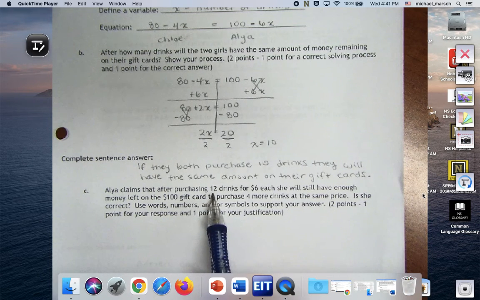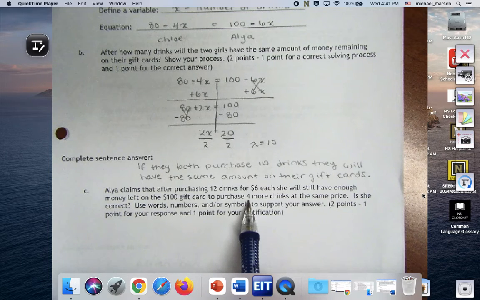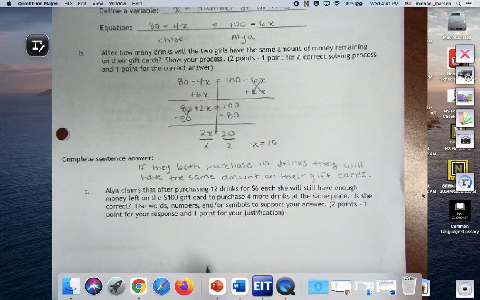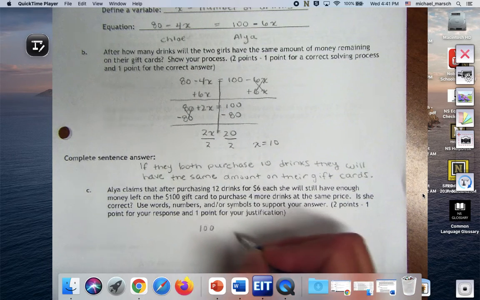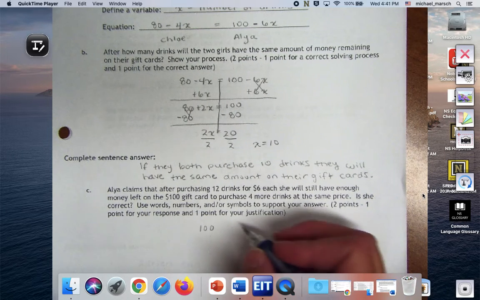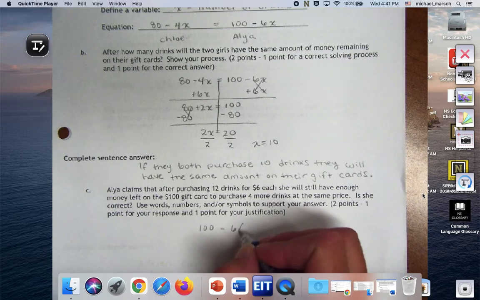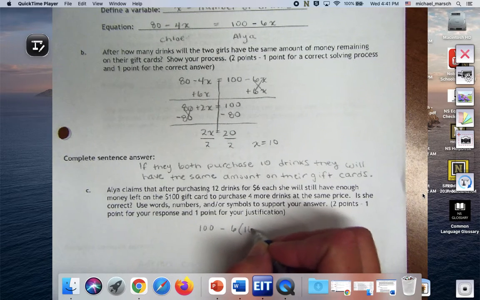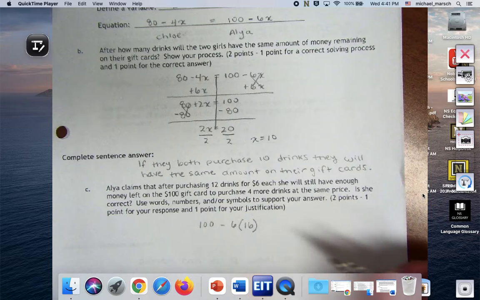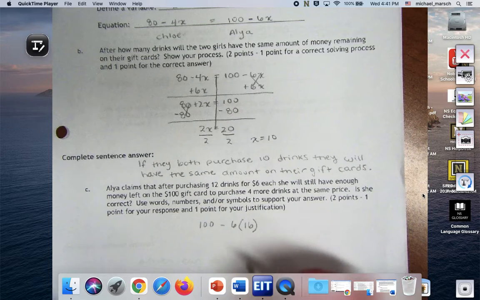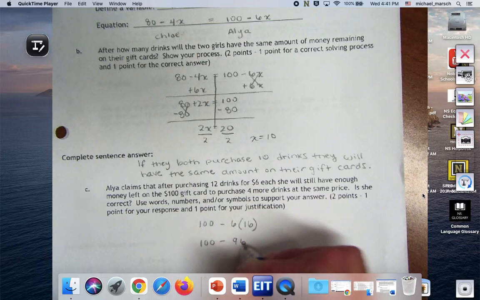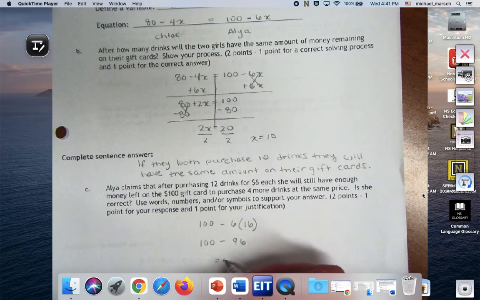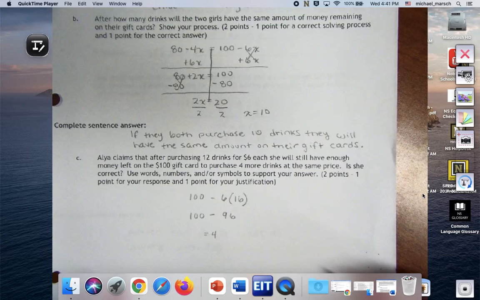We know that she has $100 minus 6 times 16. So we're going to see if she still has money left. So 100 minus 96 equals a positive 4.